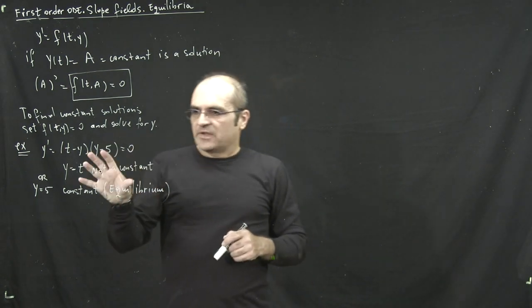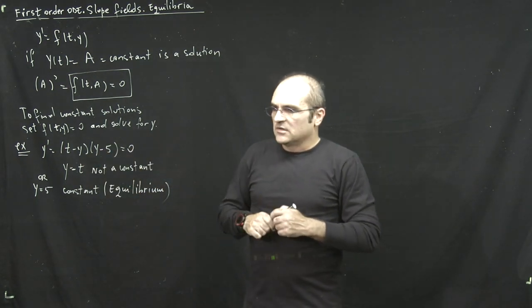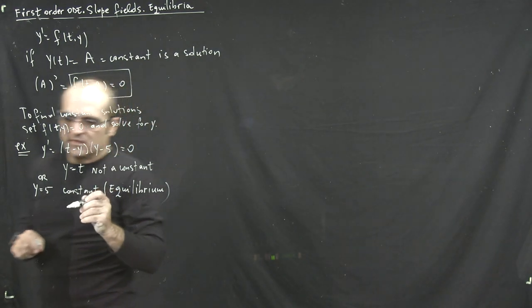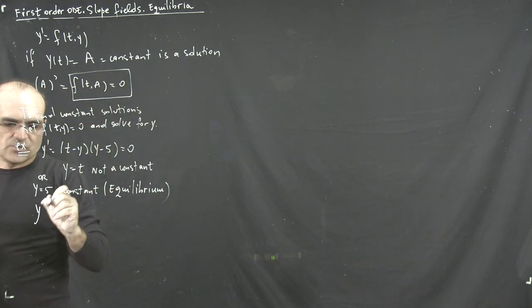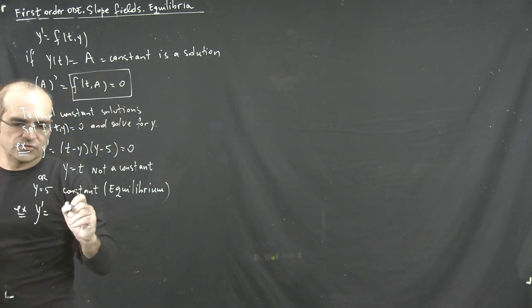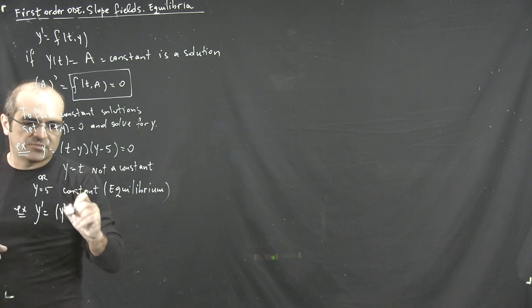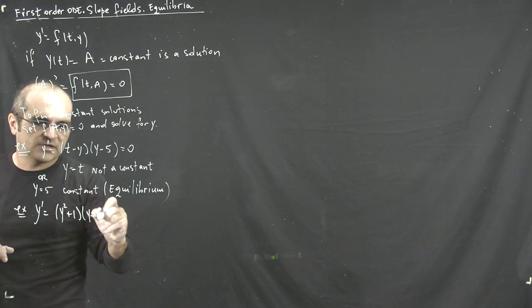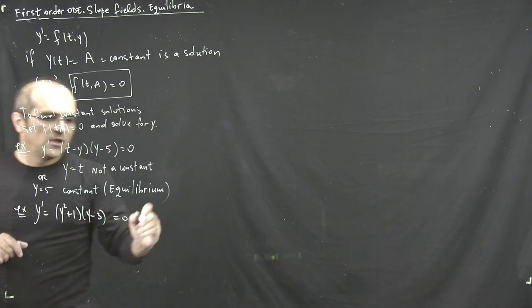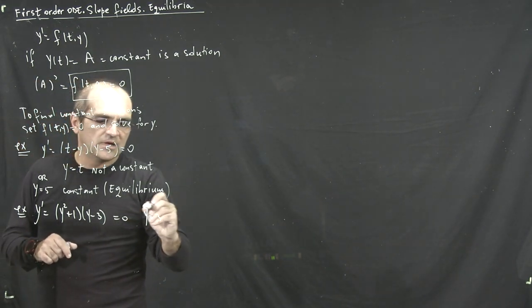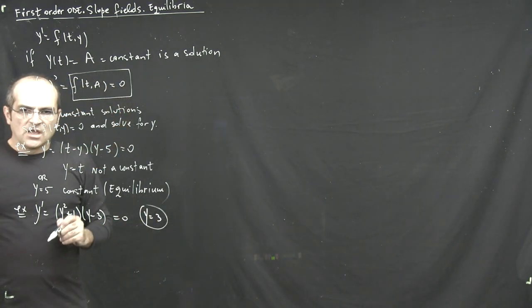So we know how to find the constant solutions. Let's give another example. Suppose y prime is equal to y squared plus 1 times y minus 3. Again, if you set it equal to 0, you notice that y equals 3 is the only constant solution.